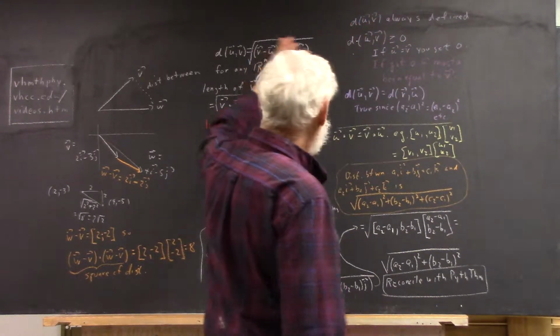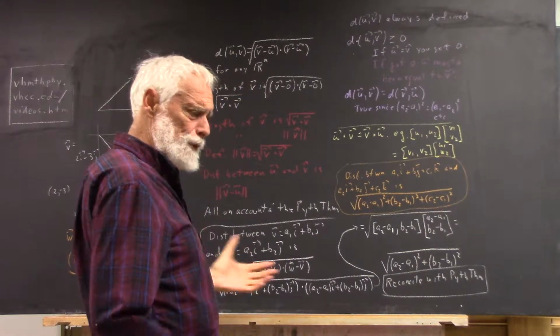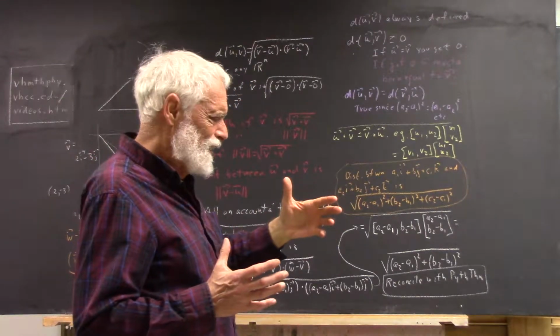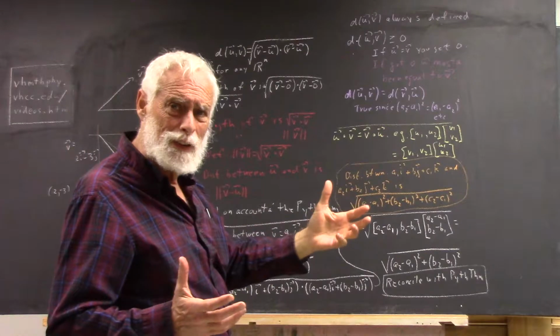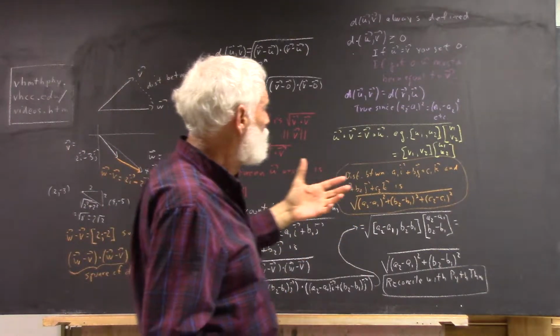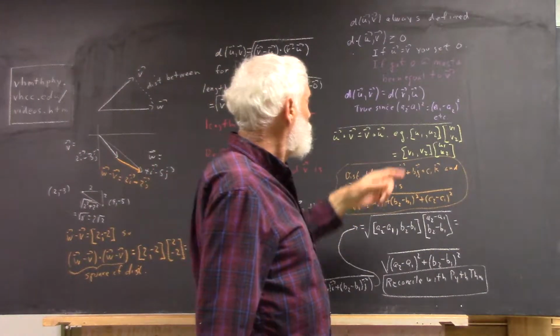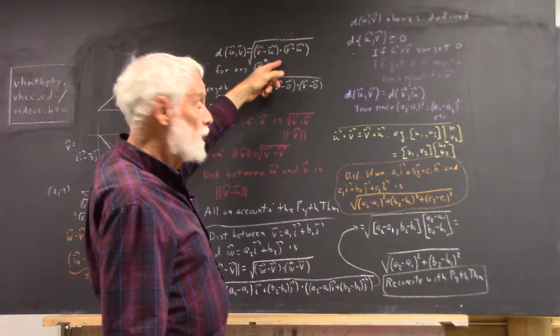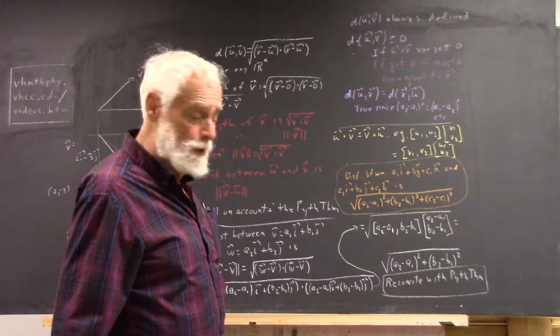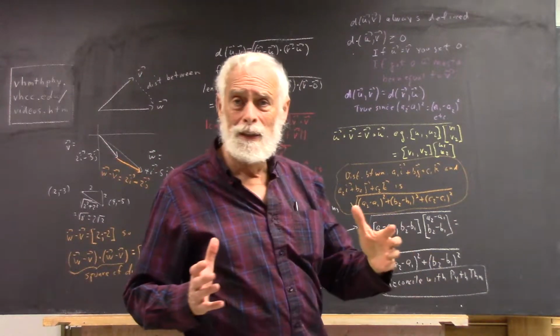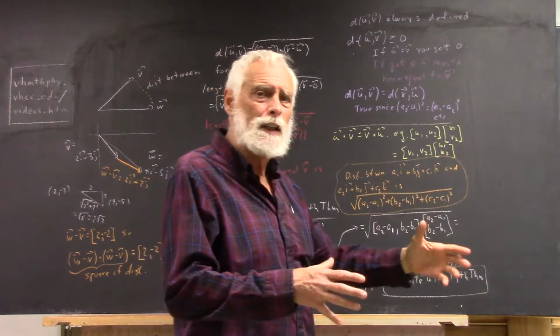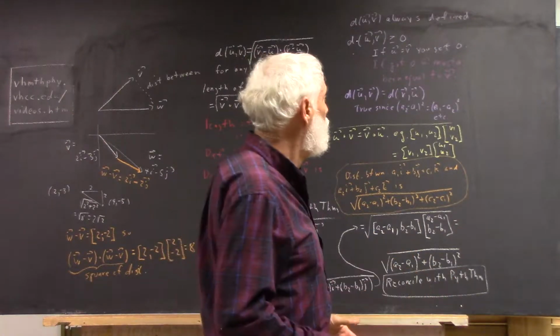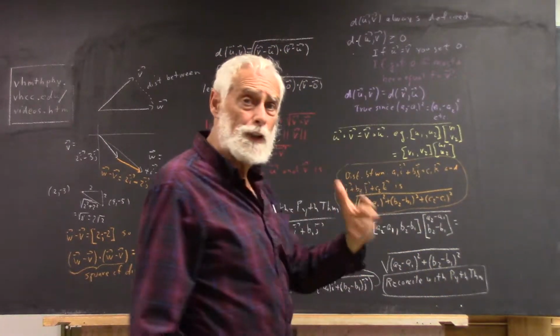We've said that this is the distance, we've defined it, but we never really said that our definition makes sense. The distance is defined ultimately in terms of a square root, right? Well, that square root can't be defined if the thing inside of it is negative. So how do we know that this thing inside of the square root is never negative?